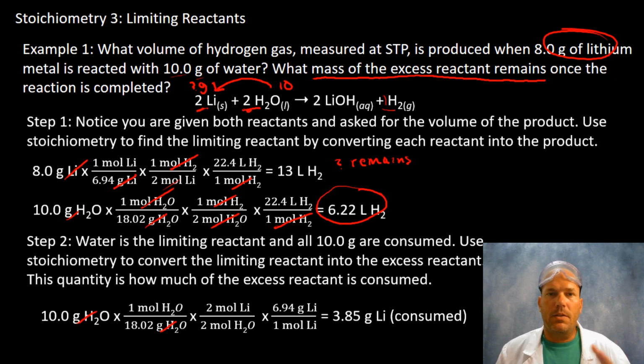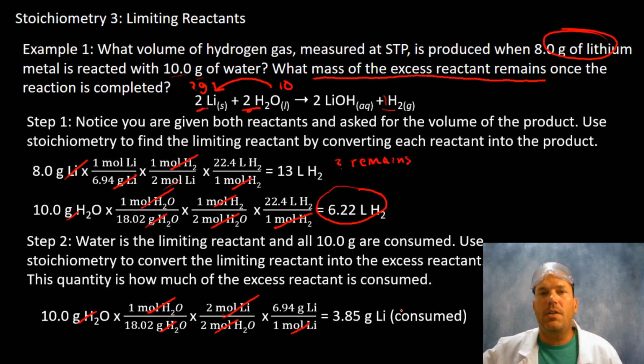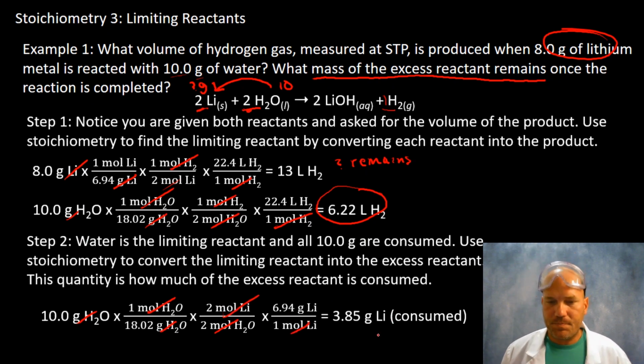Show this work in your computation, and it'll help you not get confused. So now we have moles of lithium, 2 moles of lithium, and 1 mole of lithium. We use the molar mass, and that's going to convert us to the unit we want, which is mass. And that is the amount of lithium consumed.